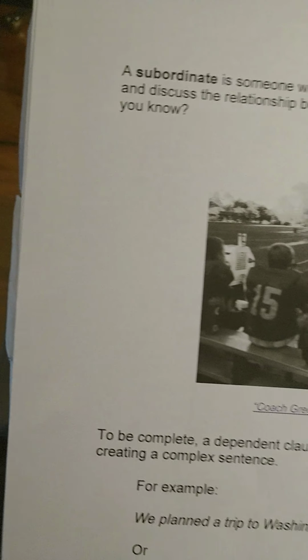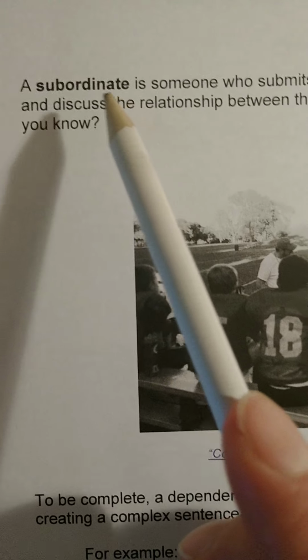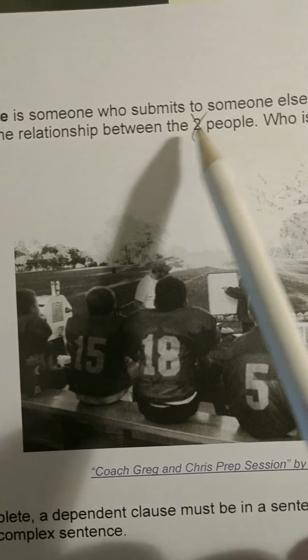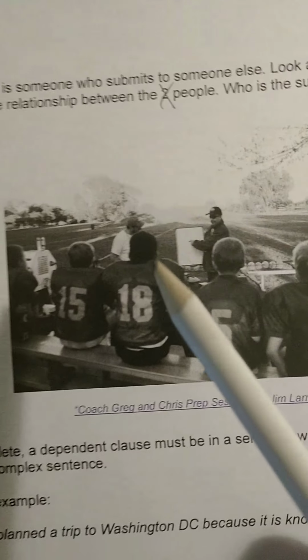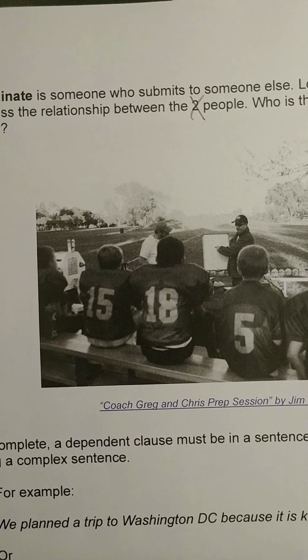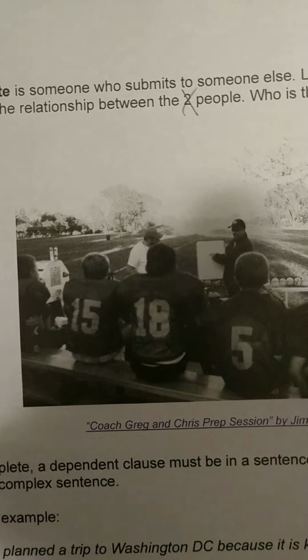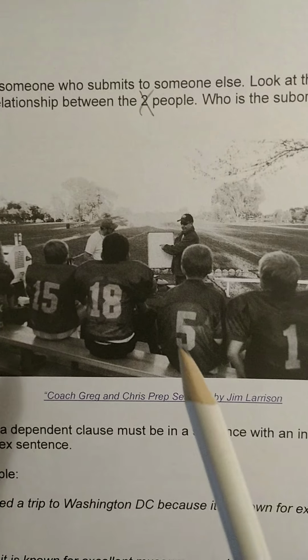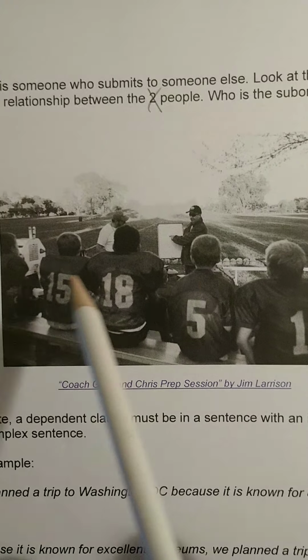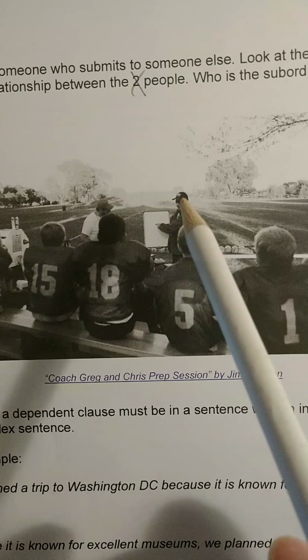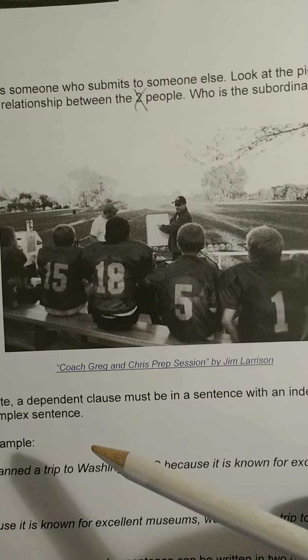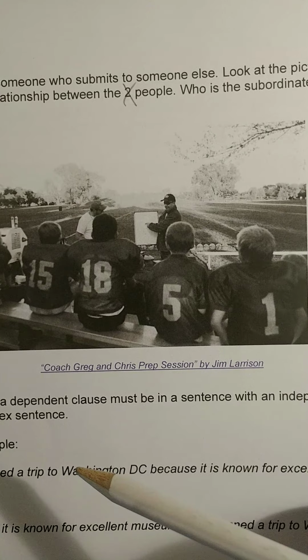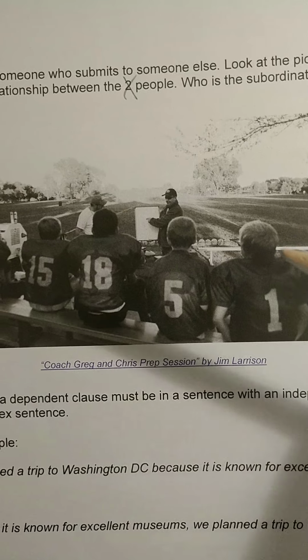Now, what is a subordinating conjunction? A subordinate is someone who submits to somebody else. Okay, so a subordinating conjunction needs a bigger sentence to help it. So if we look at the picture here, we have football players and we have the coach. Okay, now who is subordinate to whom?